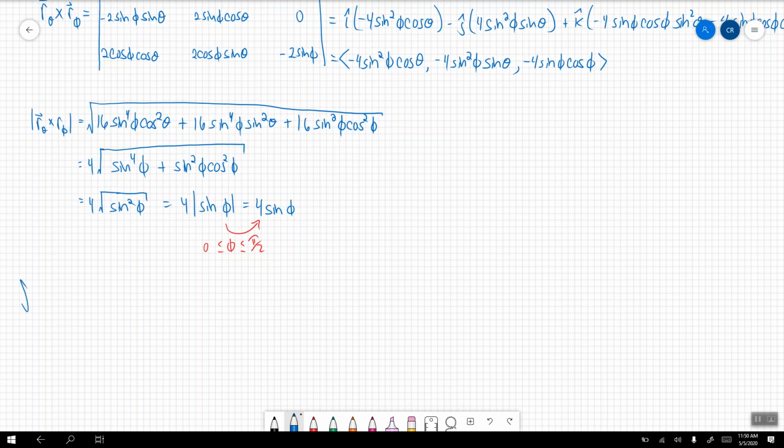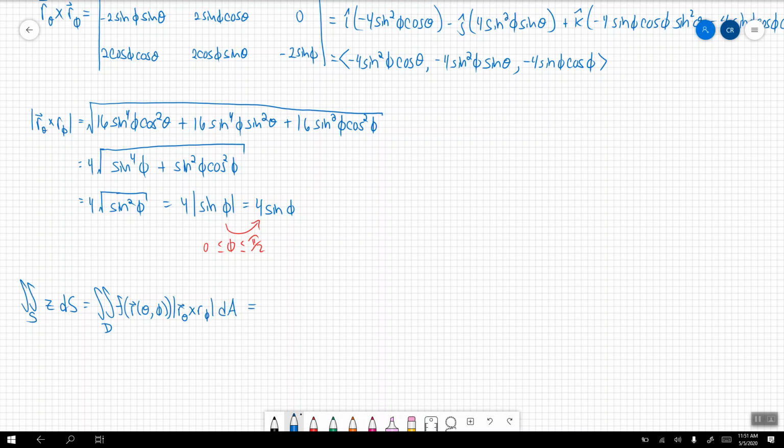Surface integral of z dS is going to be the double integral over some domain that I'm going to be observing, for my function z in terms of my parametrization, where I'm using thetas and phis, multiplied by the magnitude of the cross product for theta and phi, and this is going to be dA.